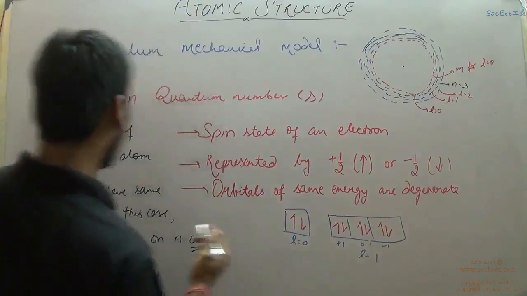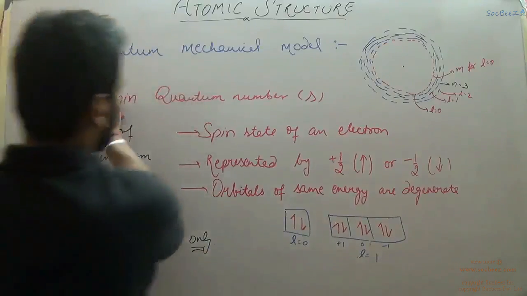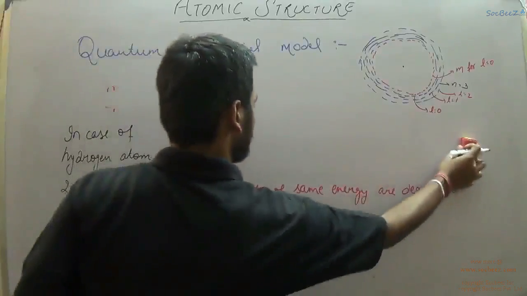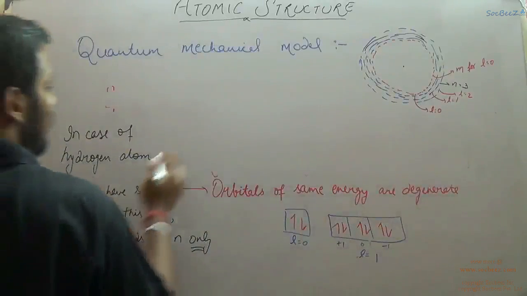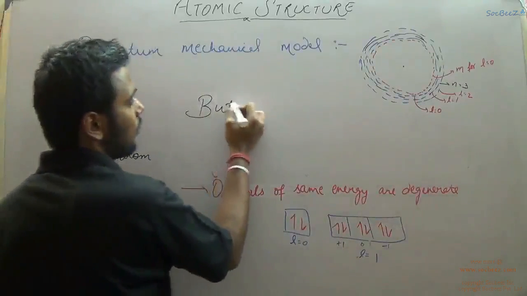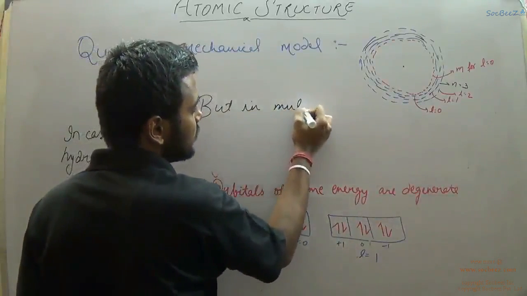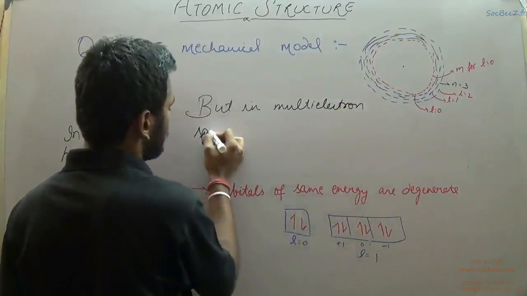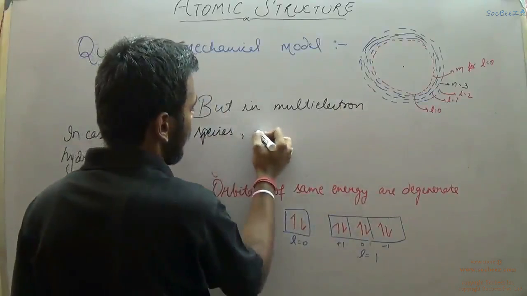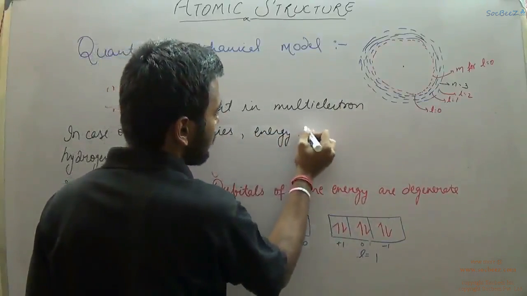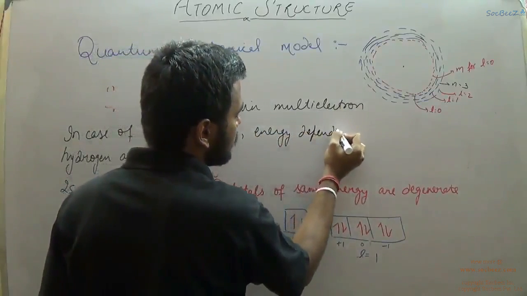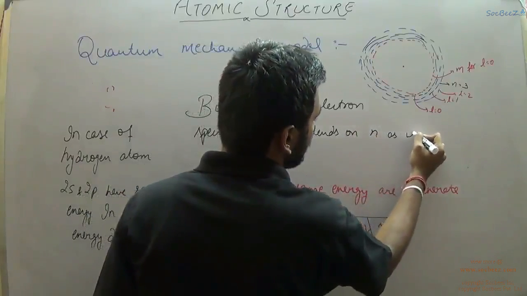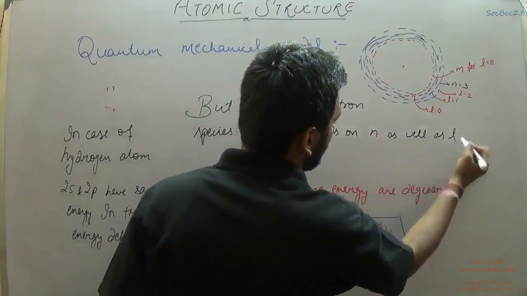But in multi-electronic species, energy depends on n as well as l.